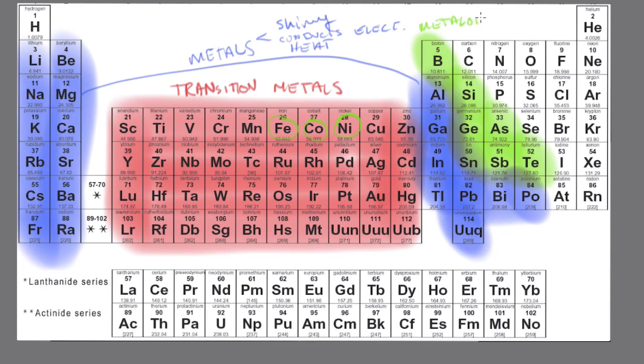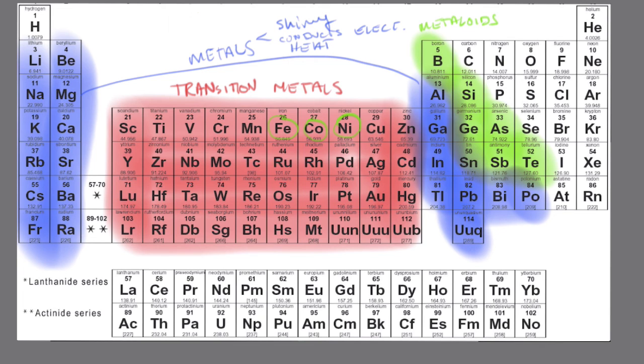Metalloids are basically things that share properties with metals and also properties of nonmetals. So these things can have some properties similar to metals, but also can have properties similar to nonmetals. And so they could be shiny, but they could also not be shiny. They might conduct electricity, but some might not conduct electricity.